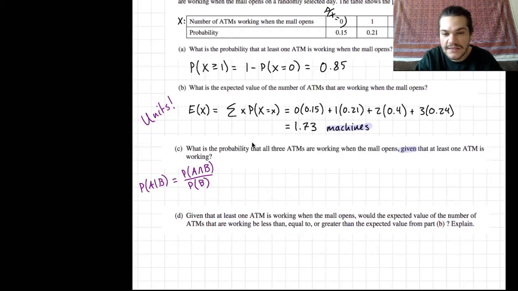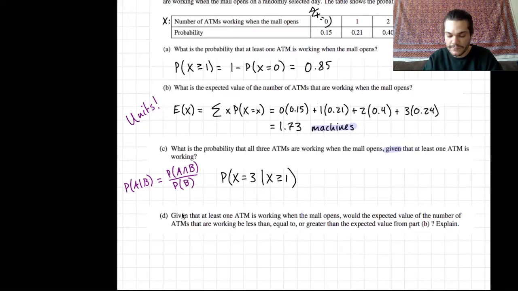So let's translate this sentence into mathematical probability notation here. We want the probability that all 3 ATMs are working, which would be the probability that x equals 3, given that at least one is working, which is what we just did up top: x is greater than or equal to 1.